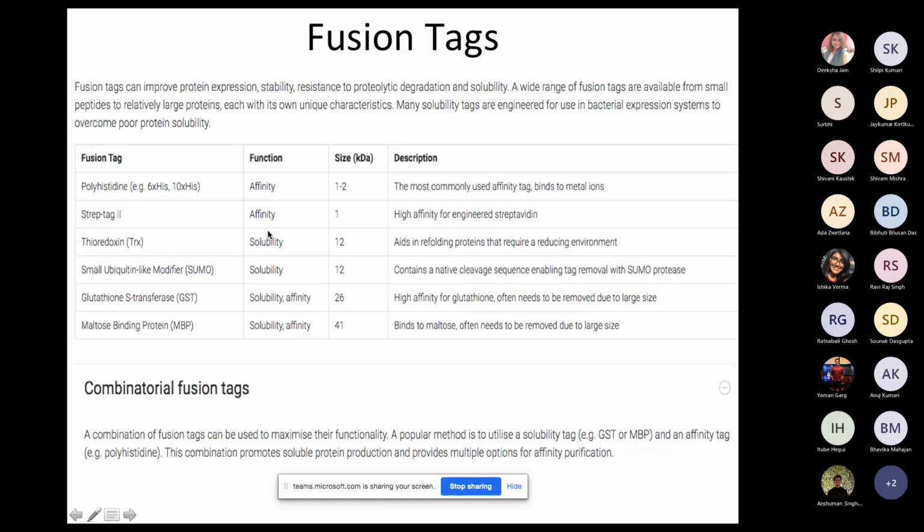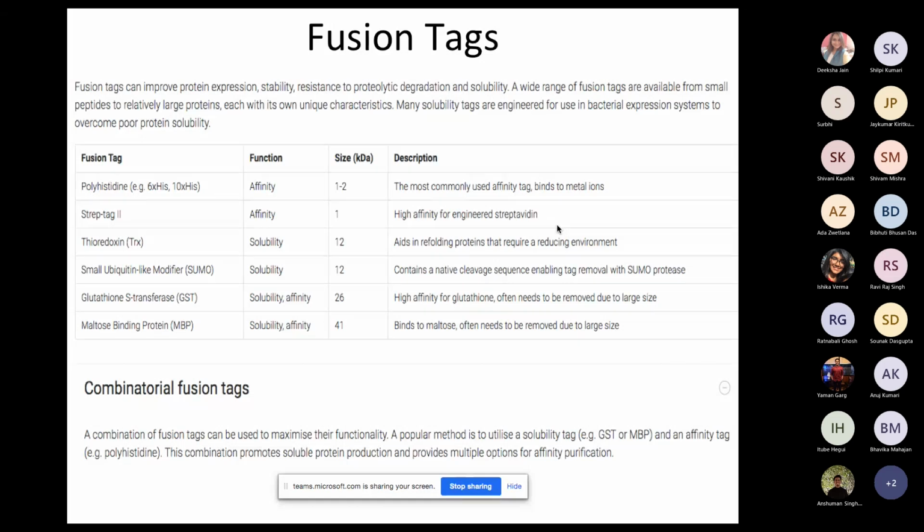If your protein is biotin tagged, then you can purify it using streptavidin immobilized in a column or on beads, and you pass your whole protein lysate through that. Obviously biotin will bind to streptavidin and then your protein can be purified.